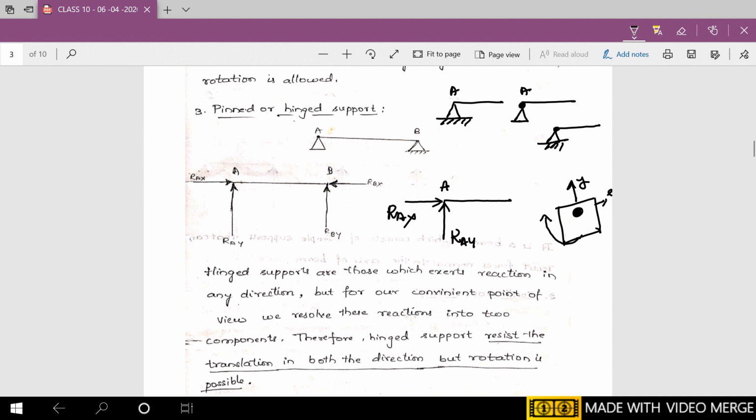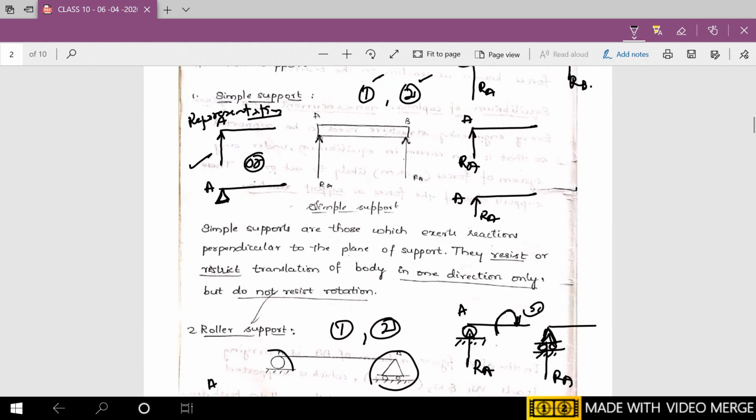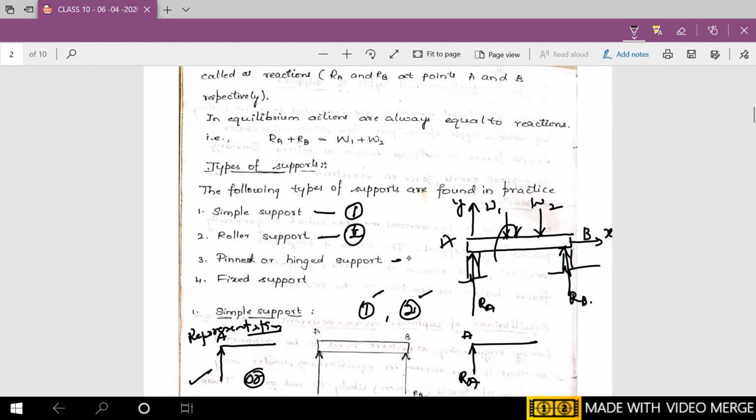Anyways, you have to remember for pinned, both the translation is not possible, only rotation is possible. So here you can see that the hinge support resists the translation in both directions, but rotation is possible. So I can say that here two reactions you have to give.